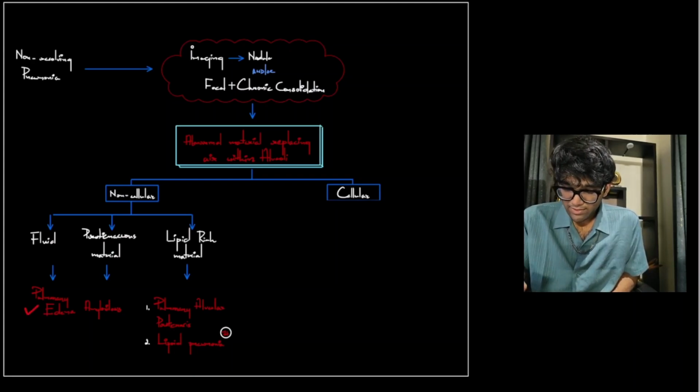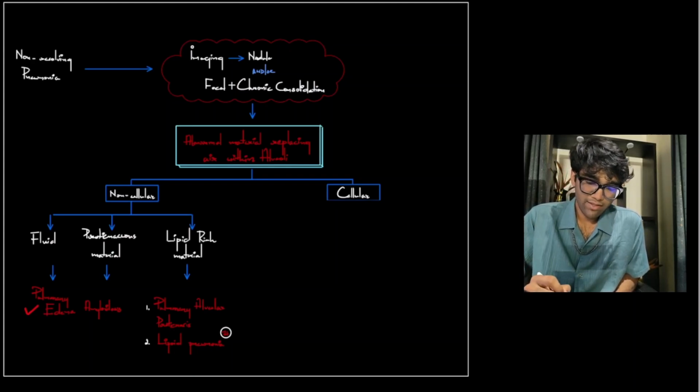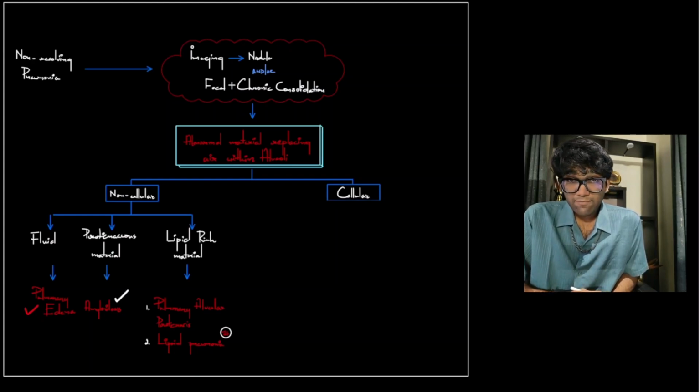The second thing is that you could have proteinaceous material getting deposited in the alveoli. This could be true of any tissue, but in the case of the alveoli, it could be amyloid. Okay, then you could have pulmonary surfactant proteins getting accumulated there, and that we call pulmonary alveolar proteinosis. Finally, this is not strictly non-cellular, but since the name indicates there's a lot of lipid accumulation, I've put it under this bucket.